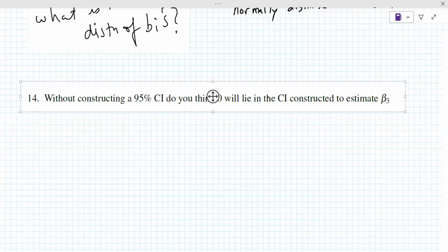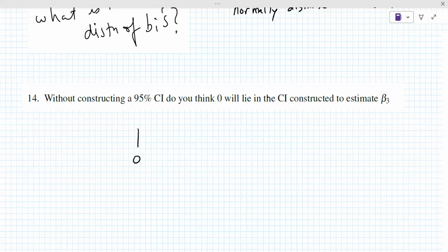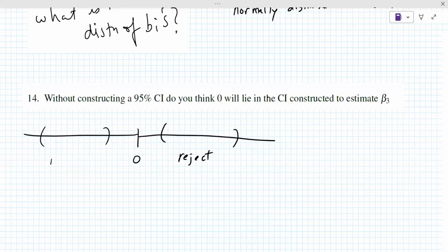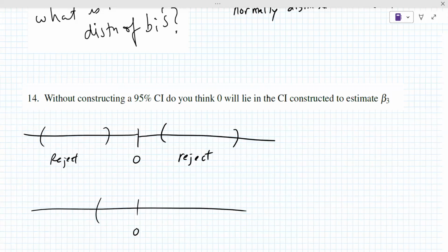So when 0, if that's 0 and your confidence interval is to the right of it, you can typically reject. Or similarly, if your interval is to the left of it, you can also reject. Yes. But I just don't know how, because I think it's dealing with the table that was the yellow one.